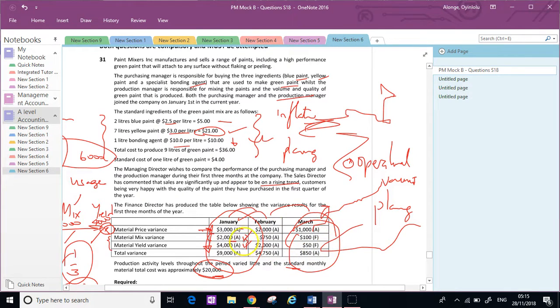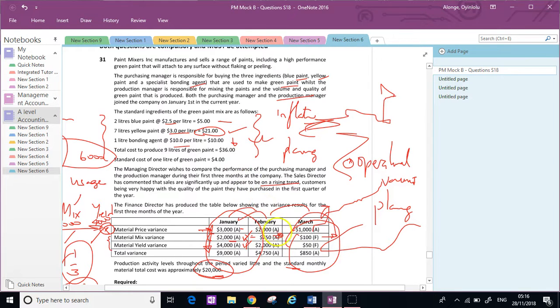And definitely we can see that the production manager is getting a better understanding of how to mix. Either he's going towards a standard mix, and we can see less of a deviation, and he's doing it much better. He's now gone past the stage of just getting it better than the actual standard mix.